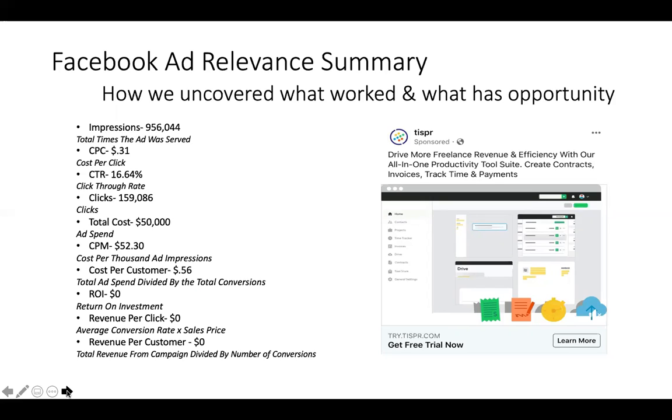It cost $50,000, which gave us a $52.30 cost per 1,000 impressions. That is a bit on the high side that we'll talk about in a minute. The total ad spend by the conversions, you're looking at 56 cents. Again, no return on investment as far as dollars goes because we were looking for those email signups to get that free trial.